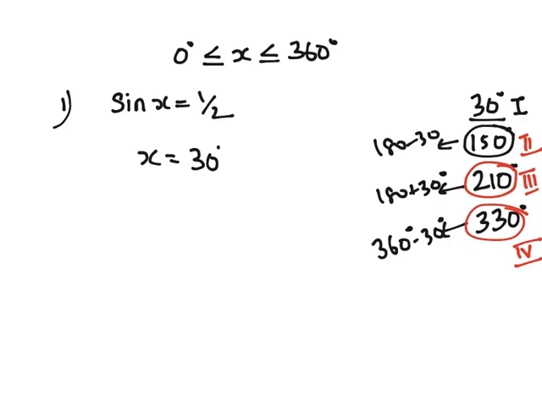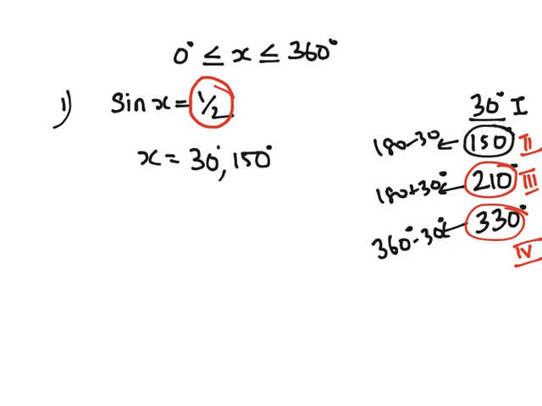And we know that sine is positive only in the first and second quadrants. In the third and fourth quadrants, it is negative. Here, sin x equal to half, which is a positive value. So obviously the second answer will be 150 degrees. So sin x equal to half means x can take the value of 30 degrees or x can take the value of 150 degrees. This is how we do it.